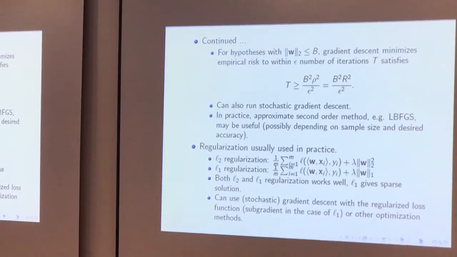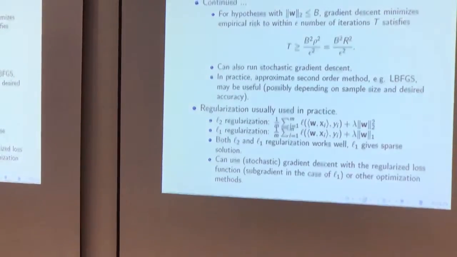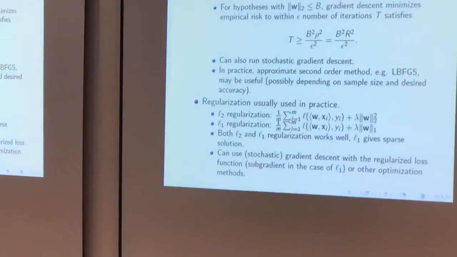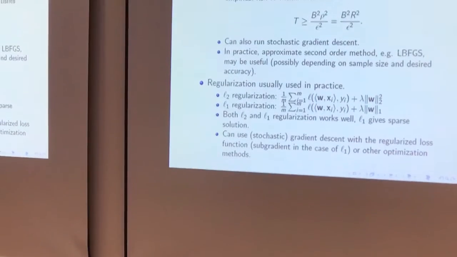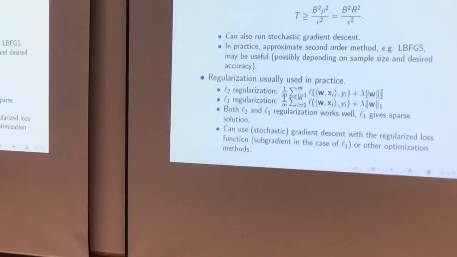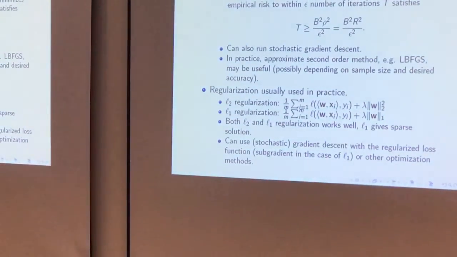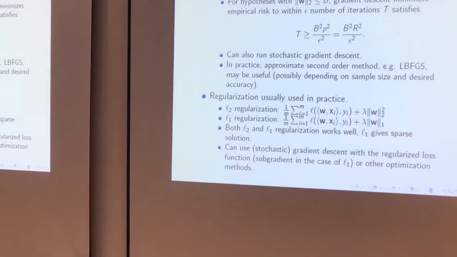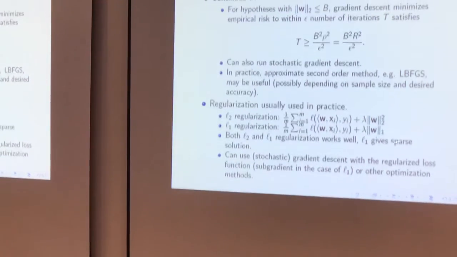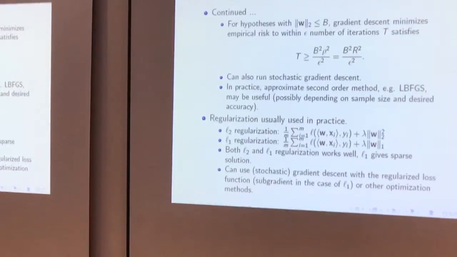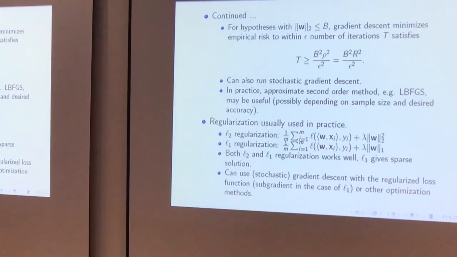And stochastic gradient descent also works, but it gives us the expected error, right? That's not the deterministic error, but the expected error. In practice, you can make it faster for this problem using a second order method. Faster or not depends on different things, the accuracy you want, and so on. In practice, we usually use regularization, L2 and L1 regularization are common, and both seem to work reasonably in practice.